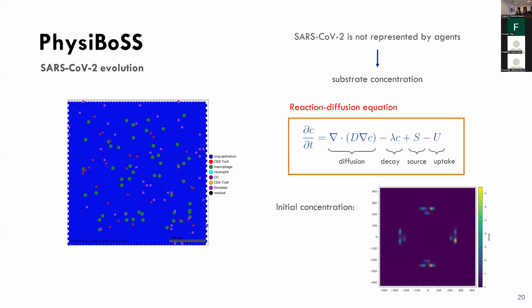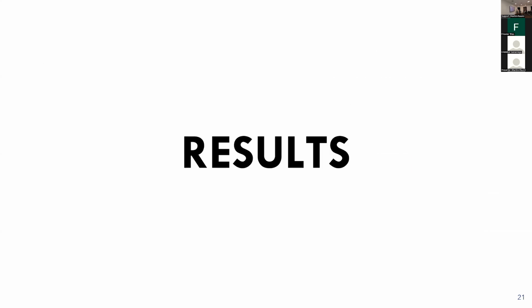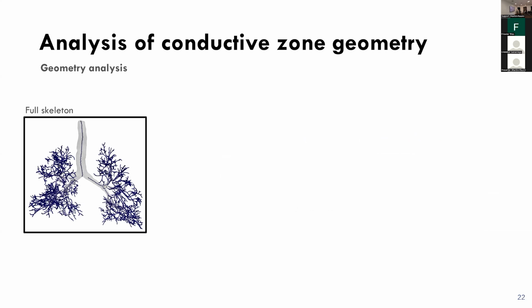Okay, so let's go to the results. The first important result was in fact an analysis of the geometry for the synthetic part, because this was done based on a mathematical model that comes from Weibel in 1963 with some requirements.